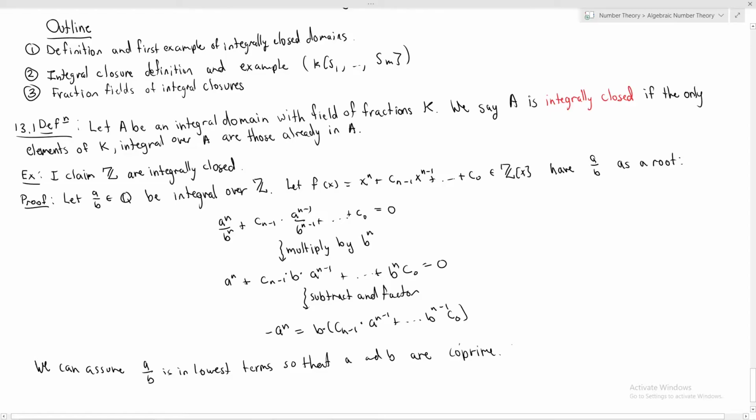And then by Euclid's lemma, b necessarily divides a. Thus, this fraction, which is integral over Z, is necessarily actually an integer.